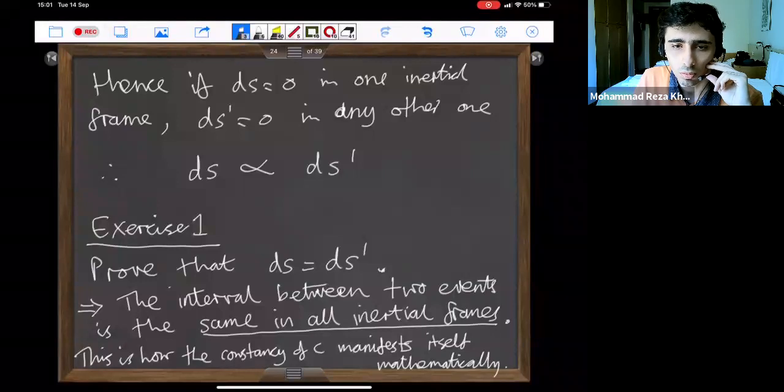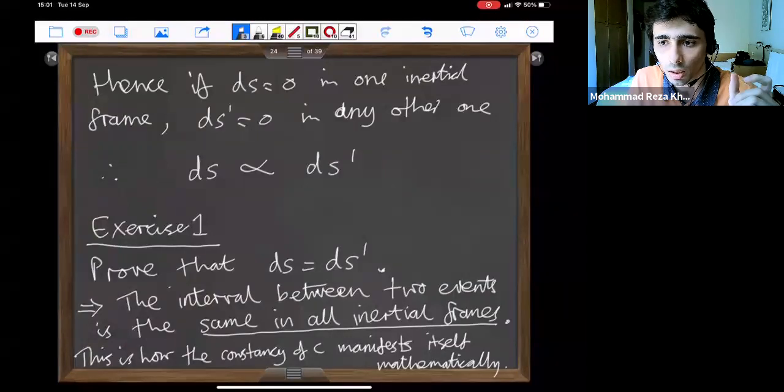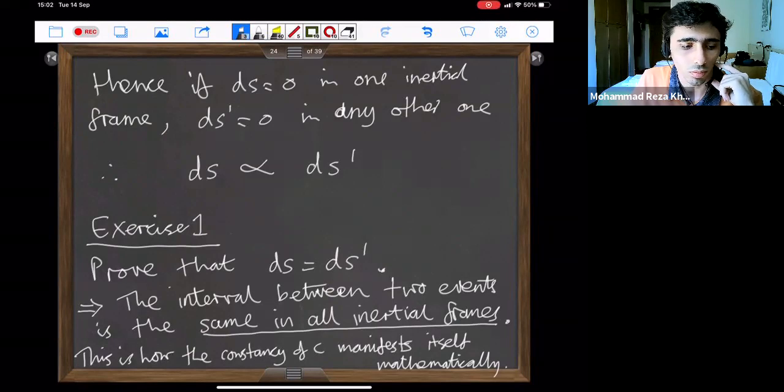Oh, thank you. So by saying that the transformation is constant and the 0 of this interval in space-time is preserved, then we can conclude that ds is proportional to ds prime. Yes. Okay. Thank you.